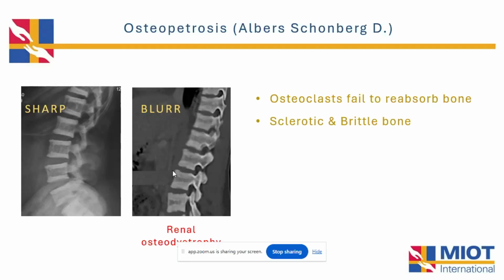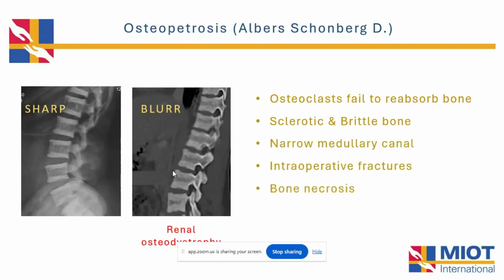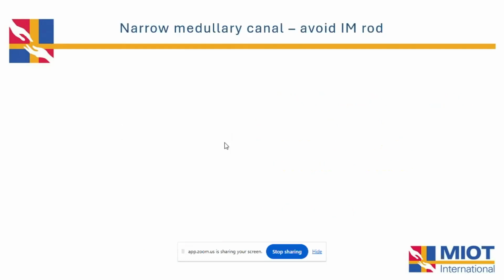At the same time, the bone is abnormal and brittle, with no medullary canal or a narrow one. So the chance of intraoperative fractures is higher because of brittle bone. And since it is sclerotic bone, if we drill too much and too fast, there is a chance of osteonecrosis. And since the blood supply is less, the chance of osteomyelitis is also high.